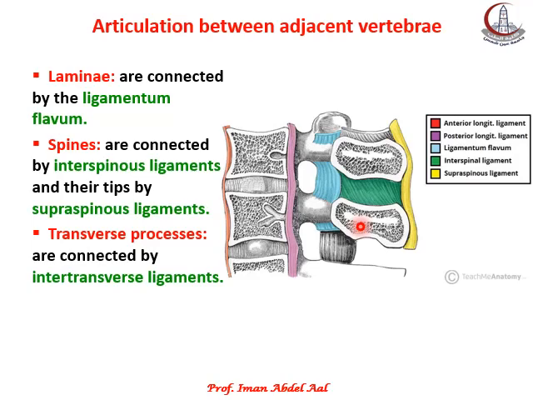They are connected together by interspinous ligaments between the two spines, and the tips of the spines are connected by the supraspinous ligament. So this is the ligamentum flavum between the two laminae. This is the interspinous ligament, and this is the supraspinous ligament.